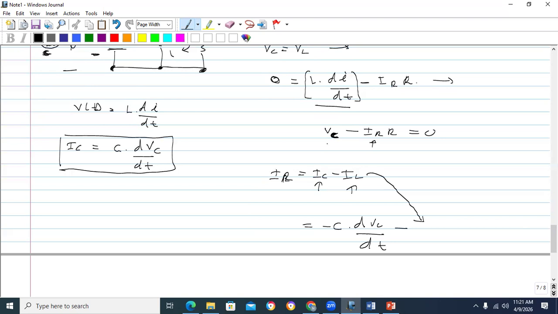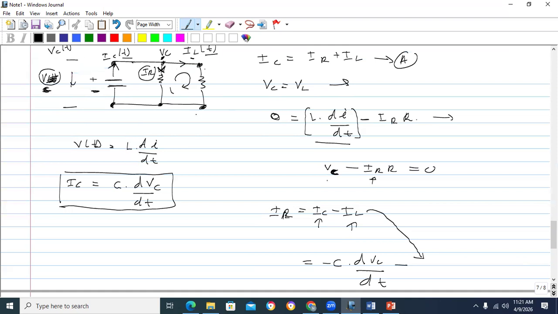What is the IL? That is the current through the inductor.